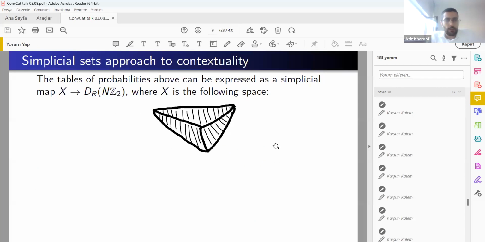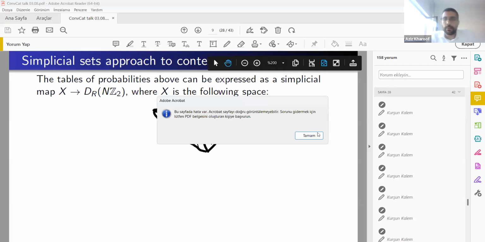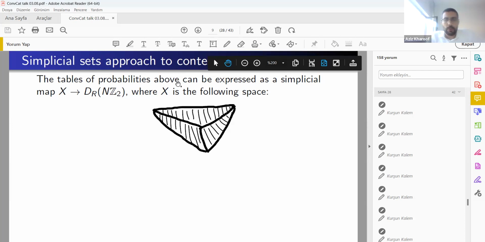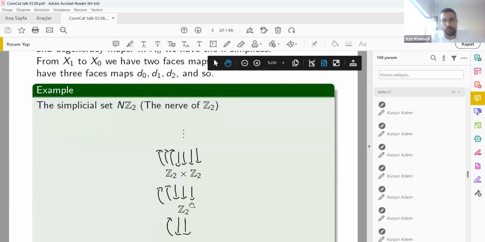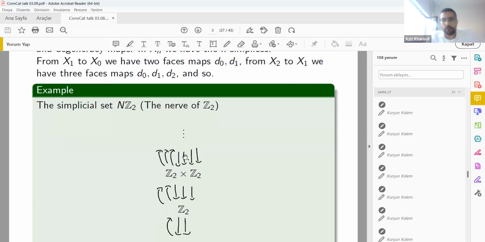So the table of probability above, what I showed you before, can be expressed as a simplicial map from X to the distribution on the nerve. What I mean by the distribution on the nerve is to apply the distribution everywhere here, on this map and on the maps. We apply this functor, so if we apply it on this simplicial set, we get again a simplicial set.